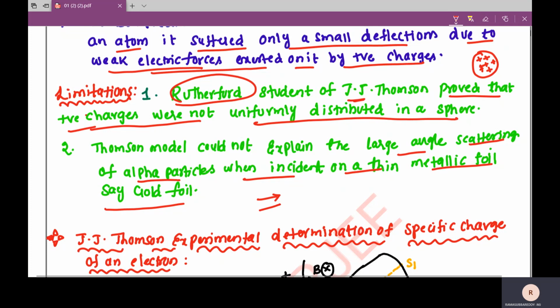We discussed that if a beam of alpha particles is incident on an atom, let us say a gold foil, there will be small deflections and large deflections, but he is not able to explain the large angle scattering. That is the limitation of J.J. Thomson. But J.J. Thomson found the specific charge of the electron, which we'll discuss.